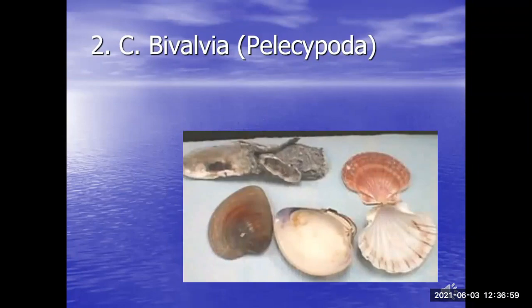Water goes in the in-current, but water goes out the ex-current. In the meantime, while it's going through the body, past the mantle and through the gills, the plankton, microscopic organisms in the ocean, get trapped, and that's what they eat. So clams are filter feeders.